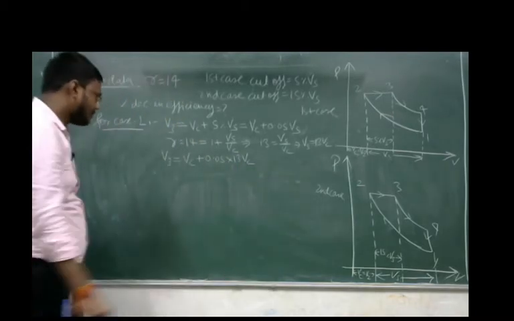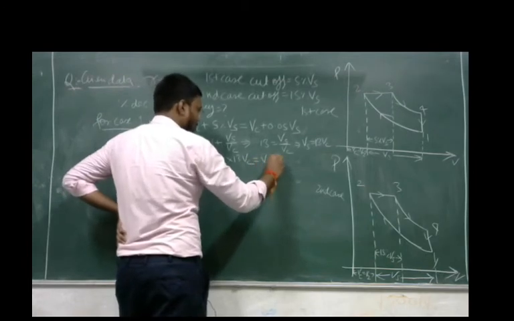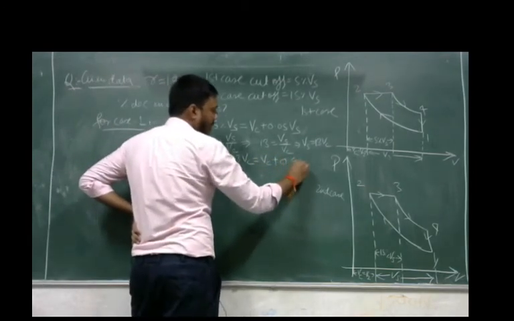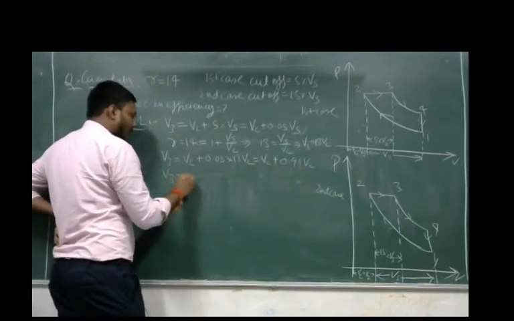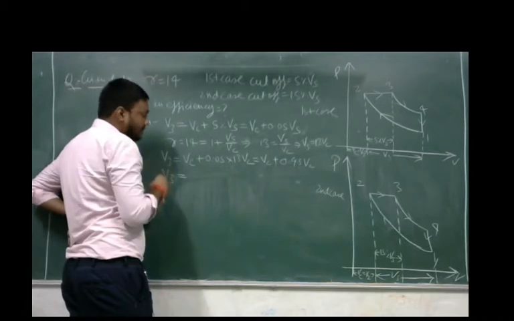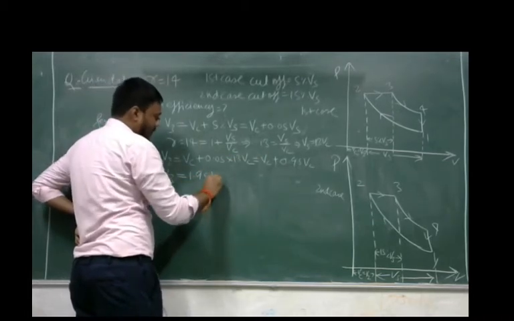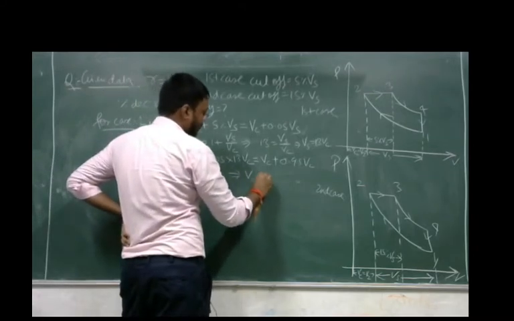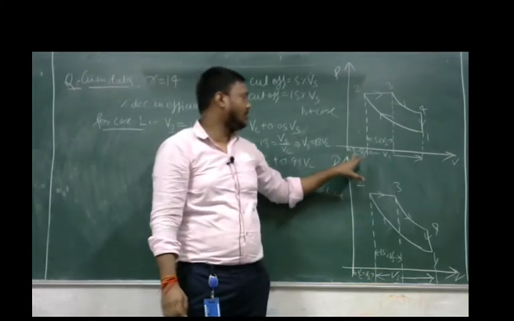Here 13 into 0.05 gives 0.65 Vc. On adding these two values, we get V3 equal to 1.65 Vc, and we know Vc is equal to V2.